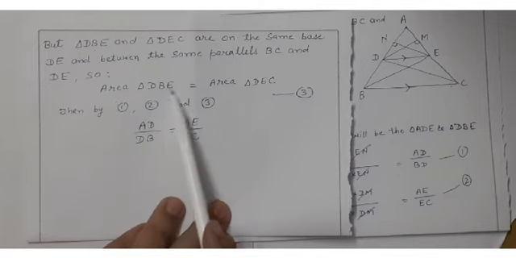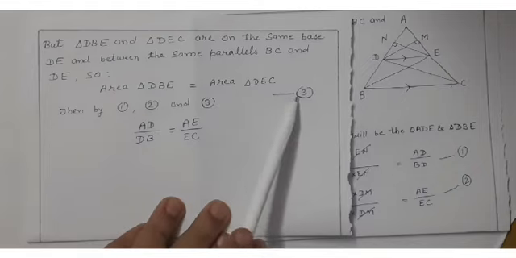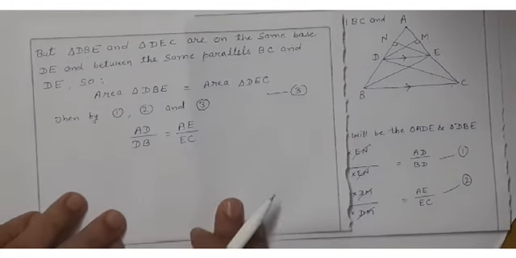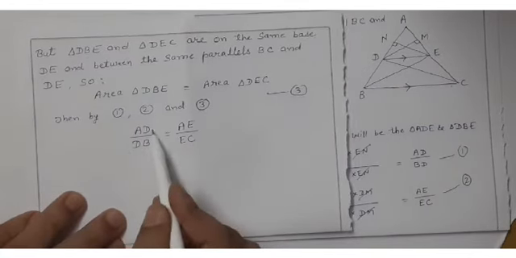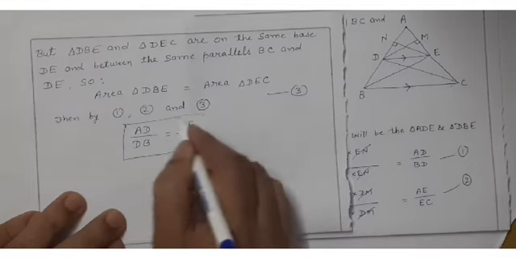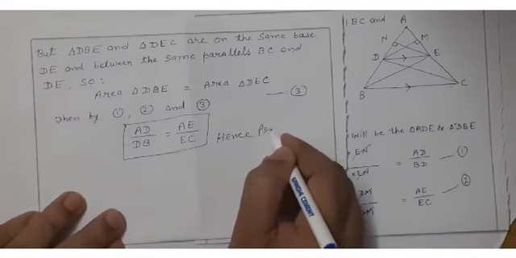Area of DBE is equal to area of DEC. This is equation number 3. By these 3 equations, we can write that these two should be equal. It means AD upon DB is equal to AE upon EC, and this only we wanted. Hence proved.